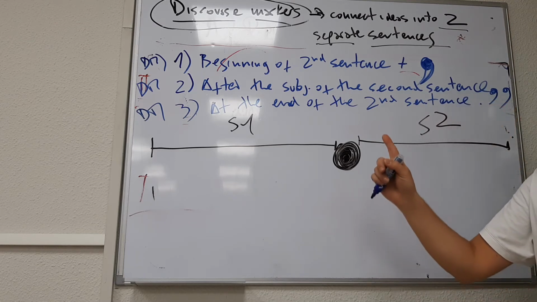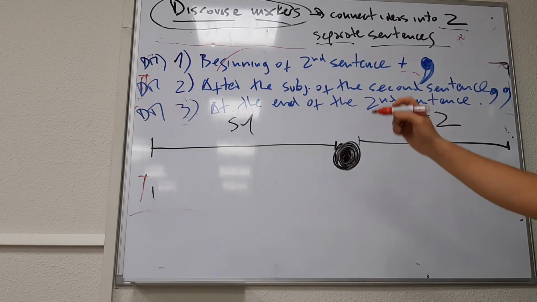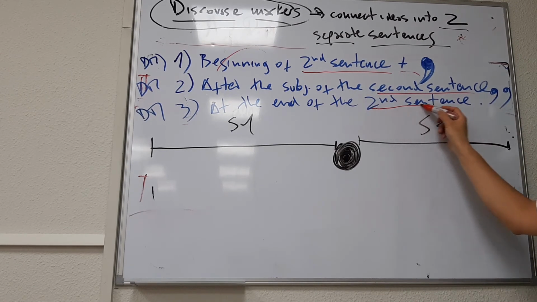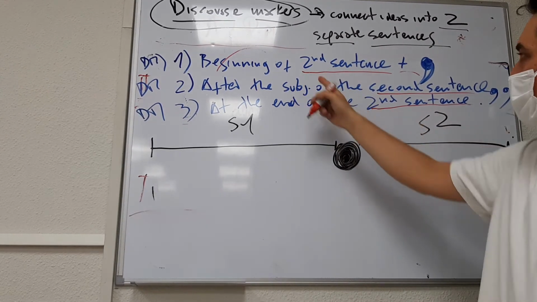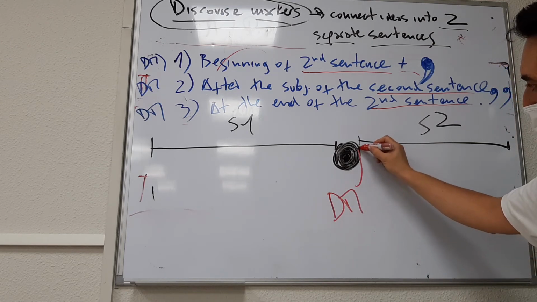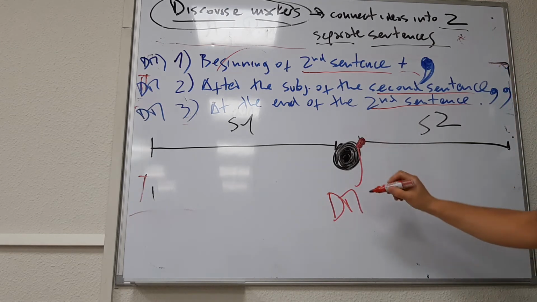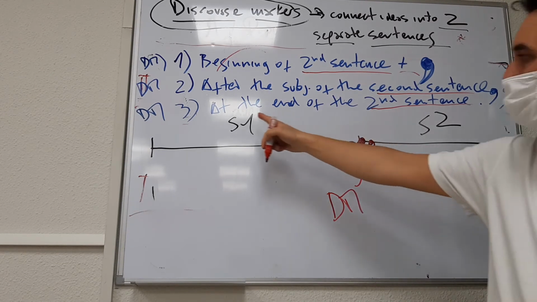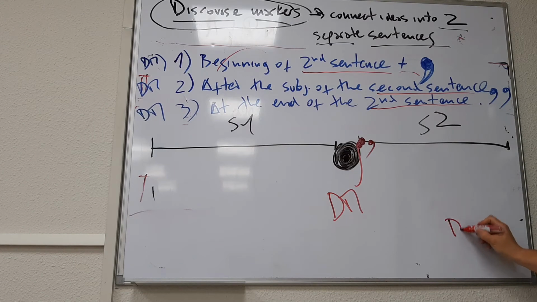So, 3 possibilities. Notice that we're always talking about the second sentence. So, beginning of the second sentence, you may have a discourse marker here, of course, with a comma. You may have a discourse marker here, normally preceded by a comma.